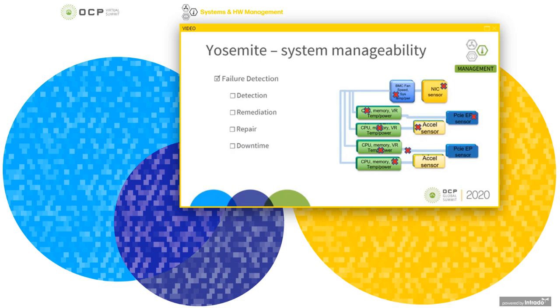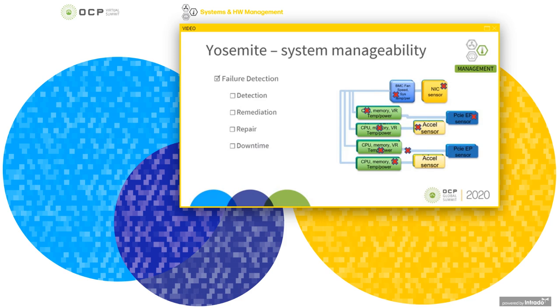We need to ensure that we can collect enough hardware information to make the determination of which component failed in this complex system and provide that information to the technician to make that repair in a short amount of time.